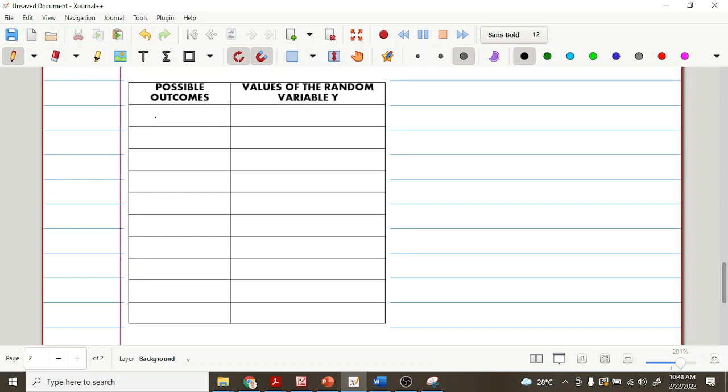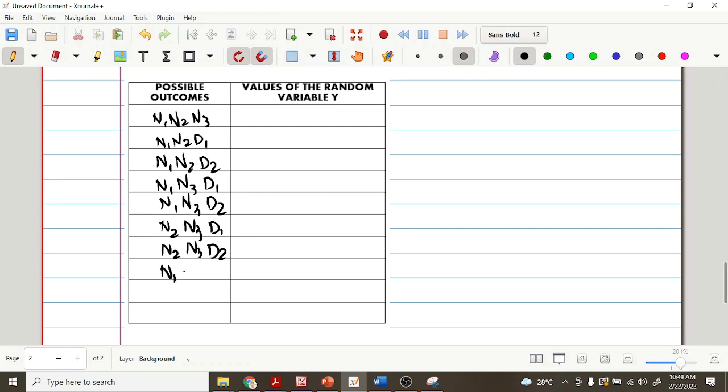We have n sub 1, n sub 2, n sub 3, n sub 1, n sub 2, d sub 1, n sub 1, n sub 2, d sub 2, n sub 1, n sub 3, d sub 1, n sub 1, n sub 3, d sub 2, n sub 2, n sub 3, d sub 1, n sub 2, n sub 3, d sub 2, n sub 1, d sub 1, d sub 2, n sub 2, d sub 1, d sub 2, and n sub 3, d sub 1, and d sub 2.